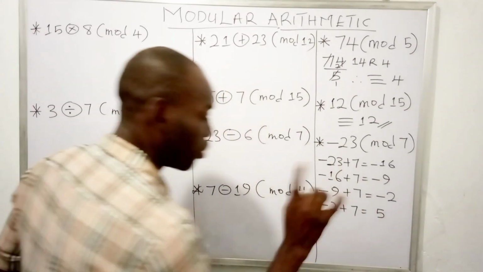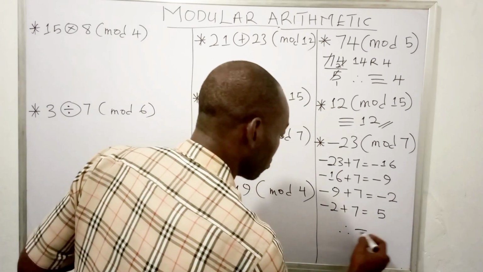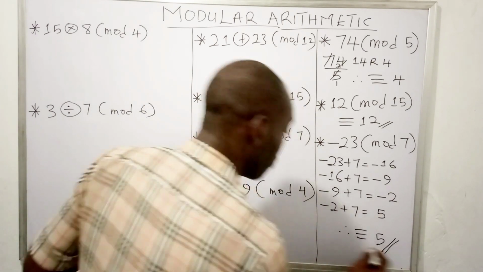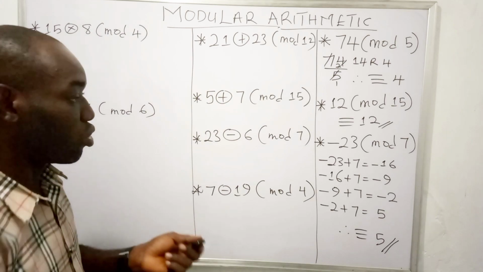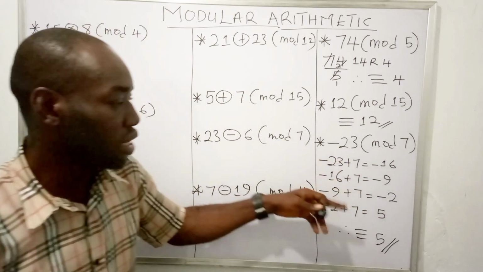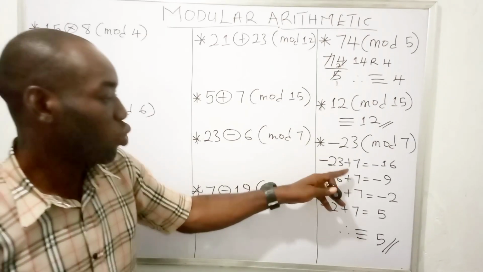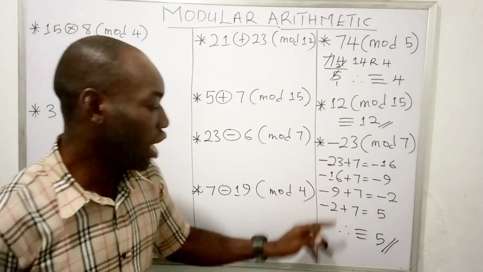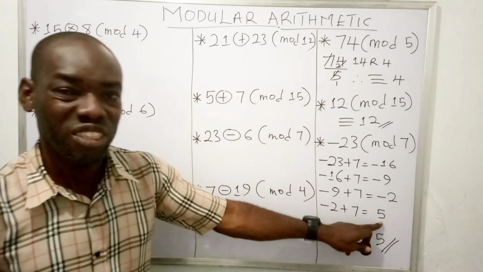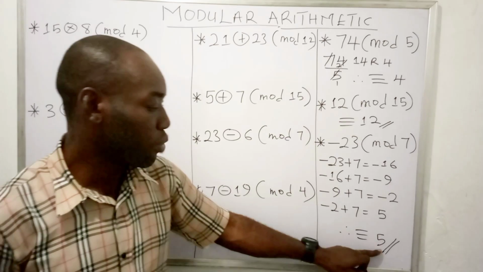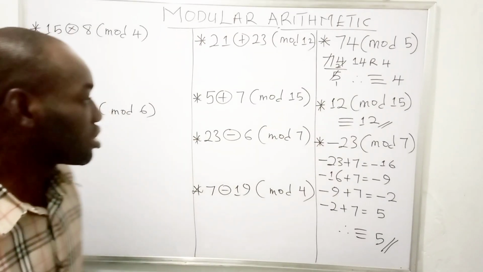The very first positive number you have becomes the solution to the problem. So for a negative number in a given mode, you keep adding the mode to the negative number until you have the first positive integer, and that becomes the answer to that problem.